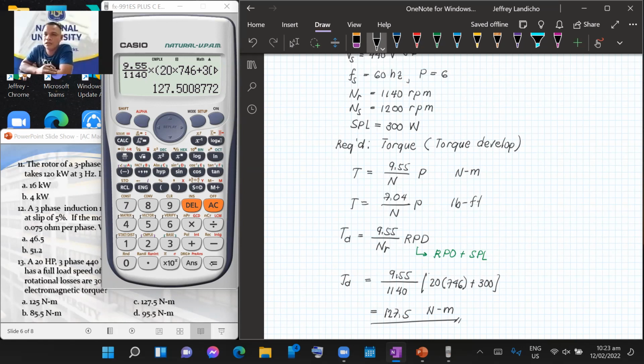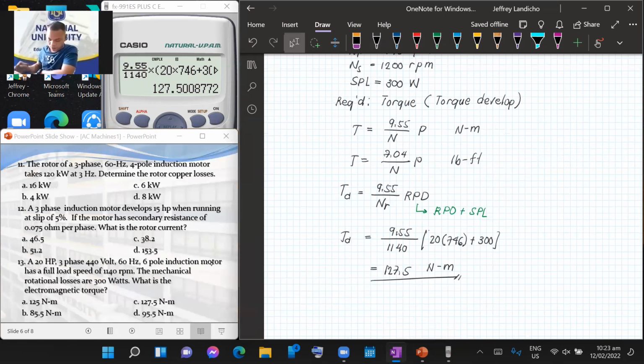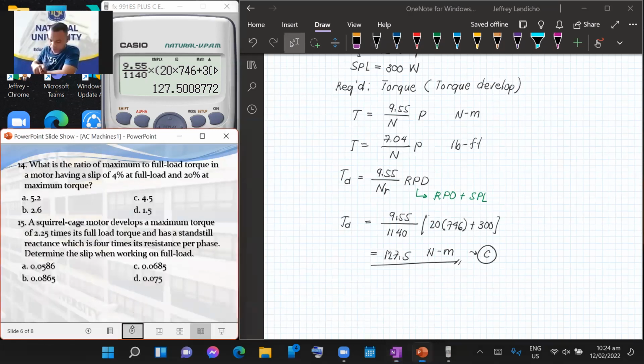Nga lang, babaguhin lang natin ng konti yung mga variables para alam natin kung induction motor ba yan or AC motor ba yan or DC motor. Okay? So, 127.5 ay yung exact. Okay, kuha? Any question regarding problem number 13? So, iwan ko, no? Let us try to solve for number 14.